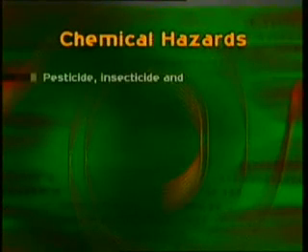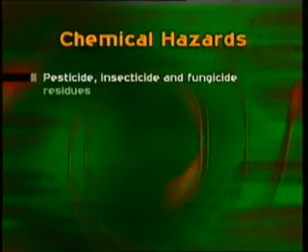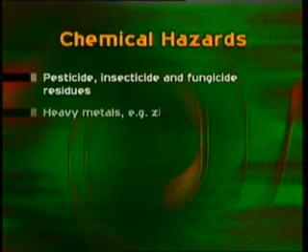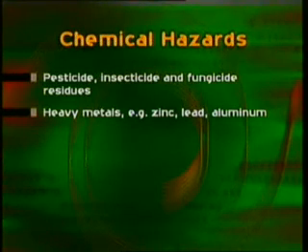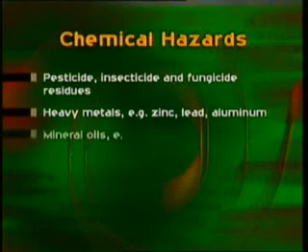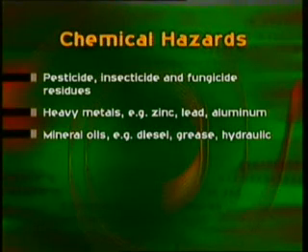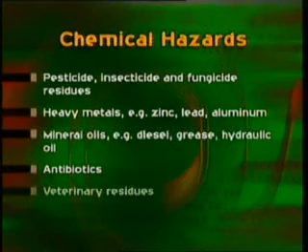We now come to chemical hazards. Chemical hazards include pesticide, insecticide and fungicide residues, heavy metals such as zinc, lead, aluminium, mineral oils like diesel, grease, hydraulic oil, antibiotics, veterinary residues, and additives.